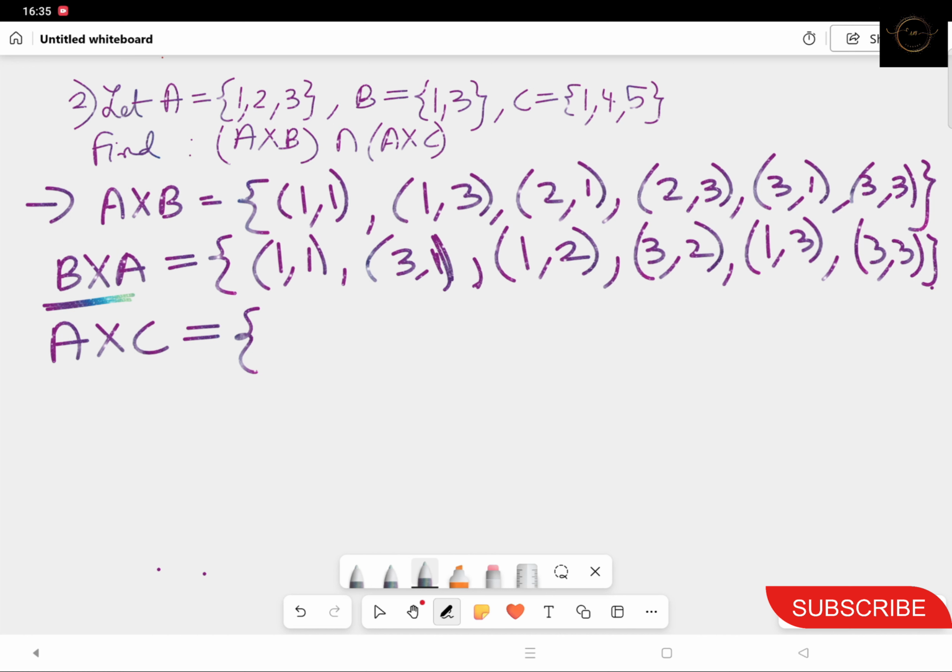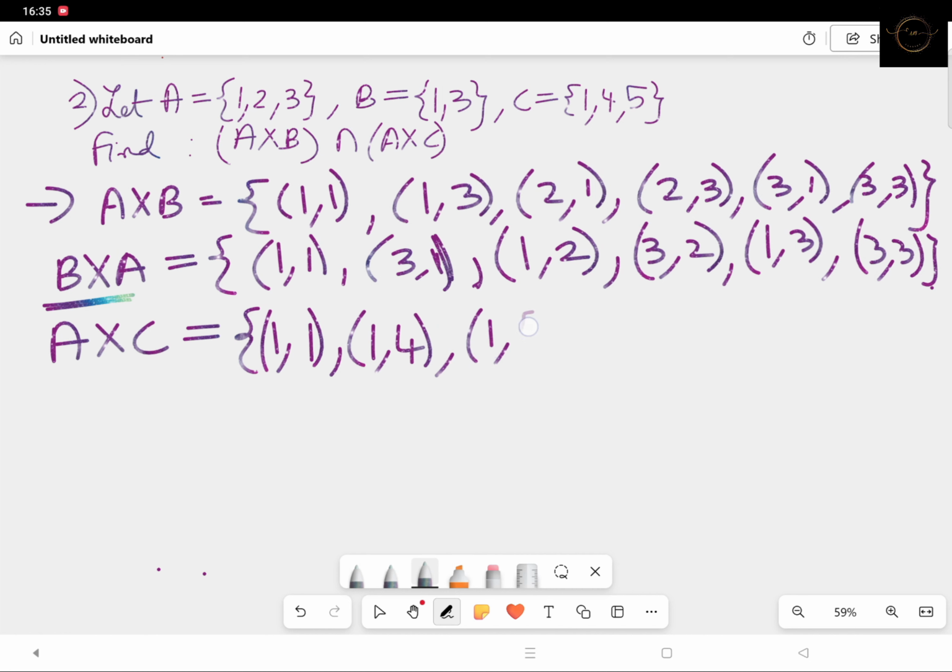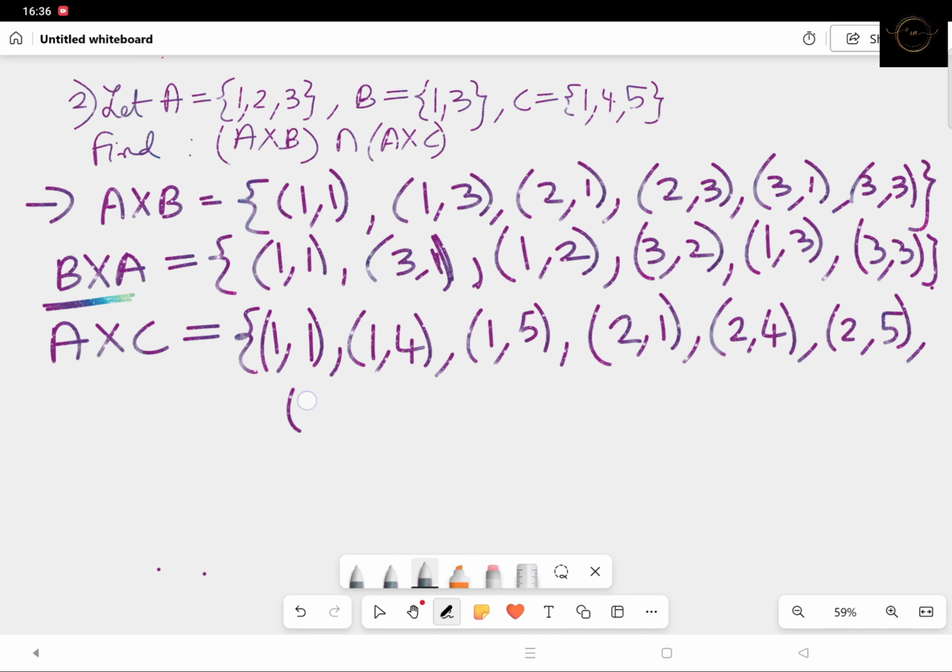Okay. So now we have to find out A into C. With A, now we have to club C. So with 1, we will club all the elements of C: 1, 4 and 5. So write it down: (1, 1), (1, 4), (1, 5), (2, 1), (2, 4), (2, 5), (3, 1), (3, 4), and (3, 5).